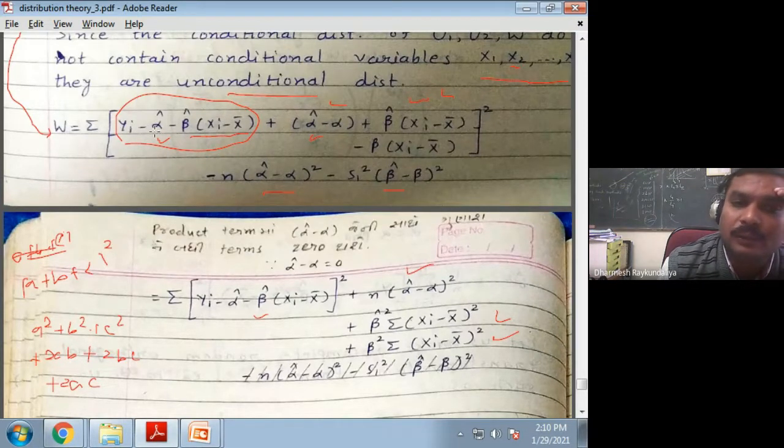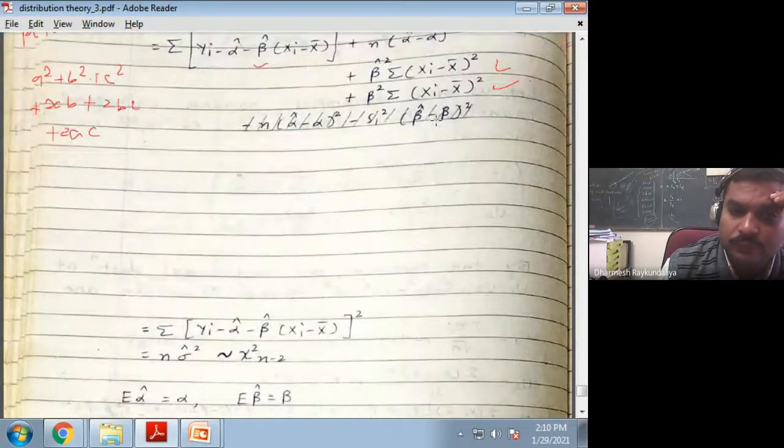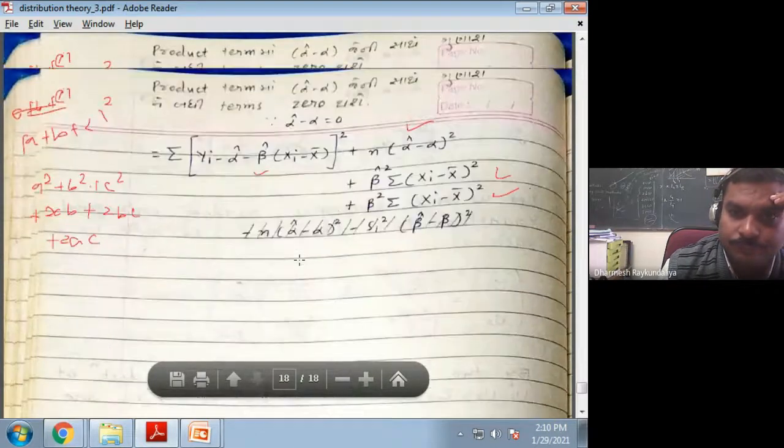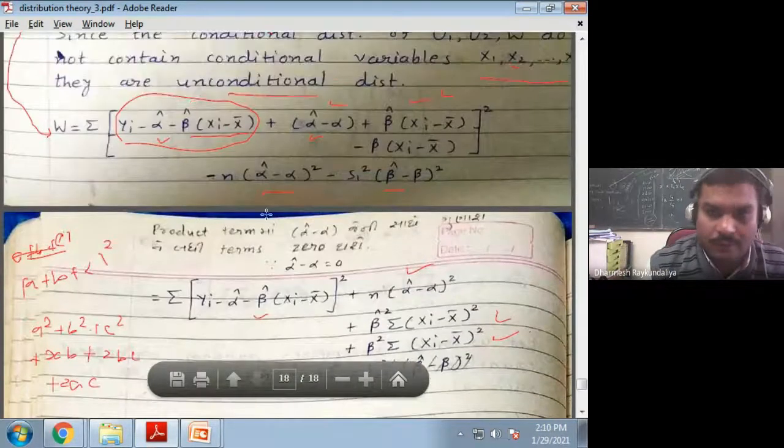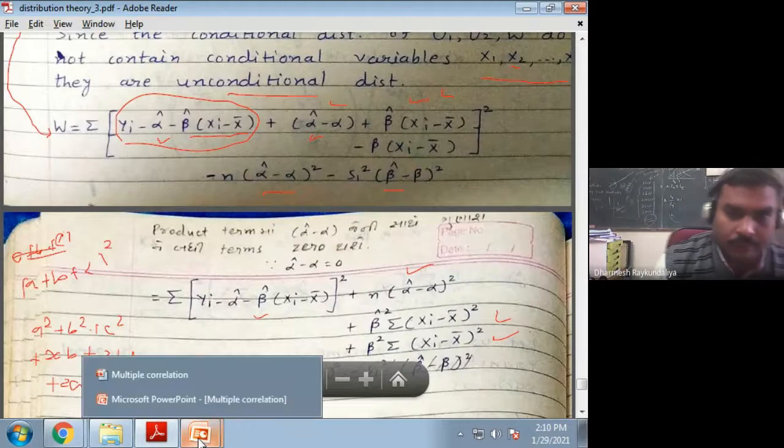So that means twice of this quantity is 0. Now you multiply twice of this, what will you get? So let me show you this quantity expression here, so you can have a better idea.